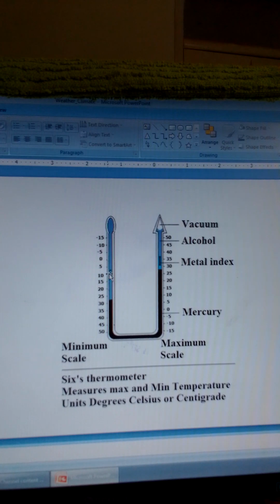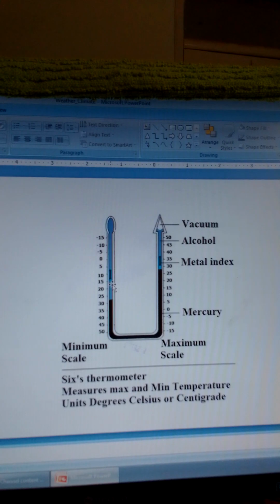We also have a metal index, and this one is mercury. And then here, in this bulb, there is a vacuum, there is some space here, and there's alcohol here, and there's this metal index. Now this instrument is used to measure maximum and minimum temperatures.